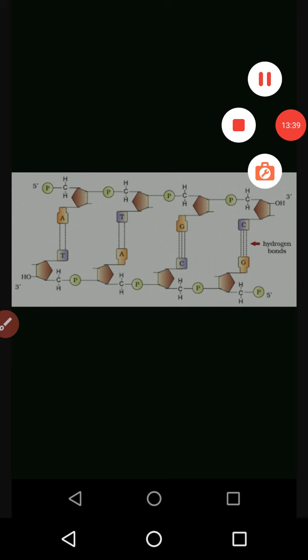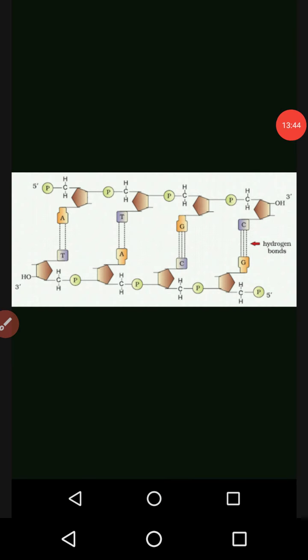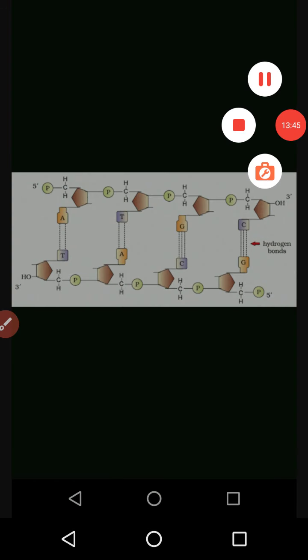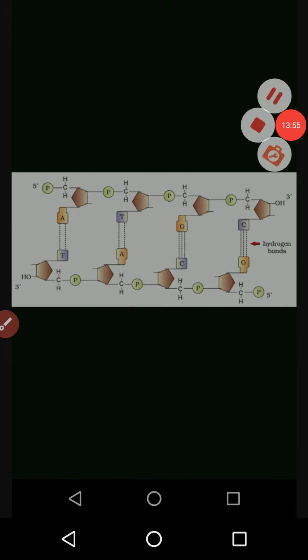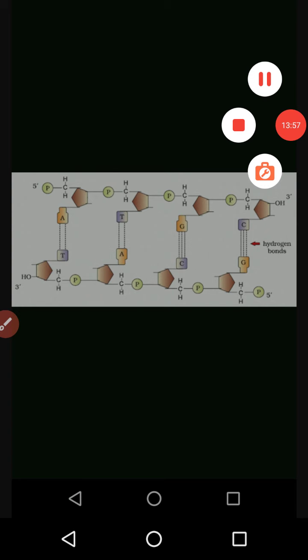You can find this diagram in the NCERT book, and this is the complete chemical framework of DNA, and this framework gives the structure to prepare the chromosomes which are found inside our body.